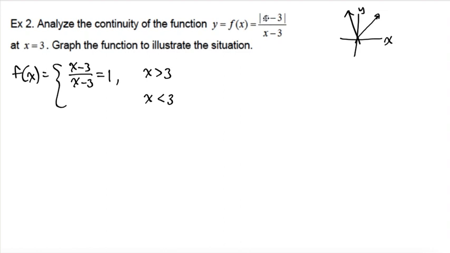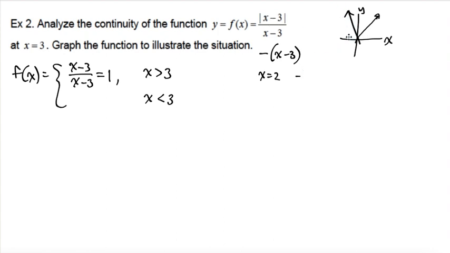So what happens if this was 2 or 1 or negative 5, for example? We still want that y value to be positive. So the way to get around that would be to multiply this x minus 3 by a negative 1. Because that way, let's say x was equal to 2, we want this answer to be positive.